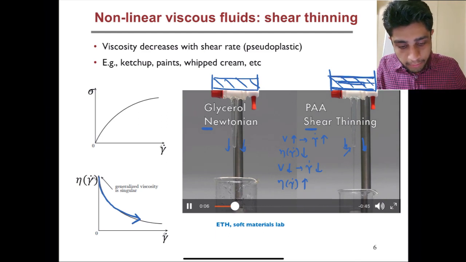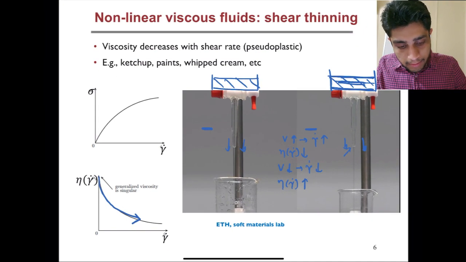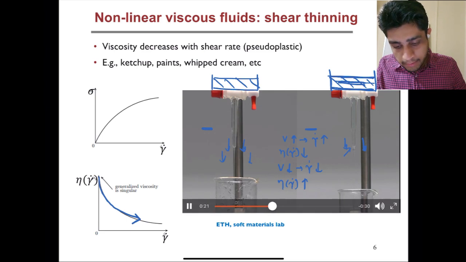So the Newtonian fluid keeps flowing nice and regular, but now you can see the shear thinning fluid has stopped.